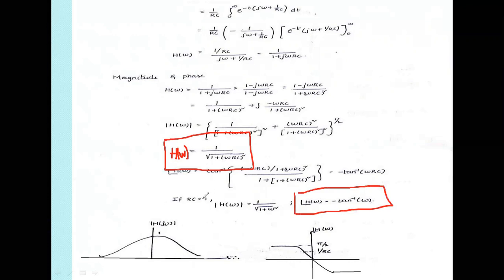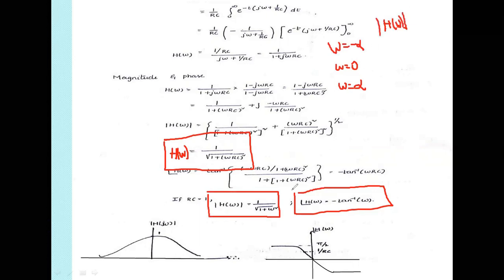When RC is equal to 1, we consider the magnitude and the phase: 1 by root of 1 plus omega square, and minus tan inverse omega. In this, we can substitute omega is equal to 0, omega is equal to infinite, and omega is equal to minus infinite. What is the magnitude and the phase?